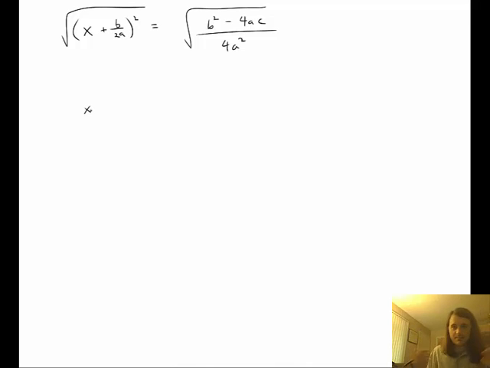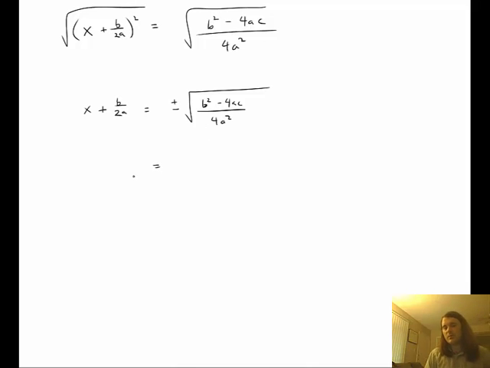So on the left side, the square root is going to cancel out the fact that we're squaring, so we'll just have x plus b over 2a. And then on the right side, and this is where it kicks in, we need a plus or a minus on our square root. Because, for example, negative 3 squared is 9, and so is 3 squared. It's 9. So we need to get our positive and negative versions there. Finishing or filling out the rest of this equation here. Boom, boom, boom.